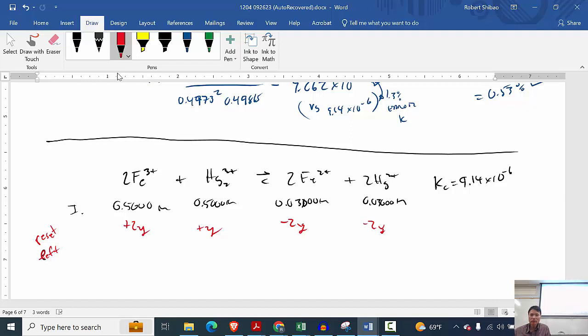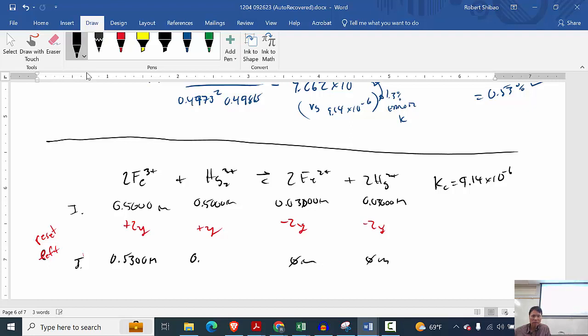I look for the limiting reagent. This is stoichiometric, so it's fine. And so I'm going to go to 0 molar here, 0 molar here. And then over here, I'm going to be plus 2y, so that's going to be 0.5300 molar. And then I have to take half of this. Half of this would be 0.015.